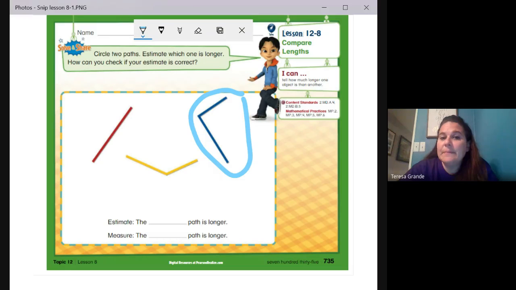Okay. In order to figure out which one is in fact the longest, we all know what we're going to have to do. We're going to have to use our rulers to measure. Now, in order for me to show you how we're going to measure these paths, I'm going to be sharing my screen, and it's going to be my camera, and we're going to be working together on a few problems.